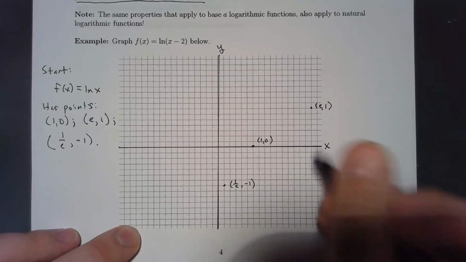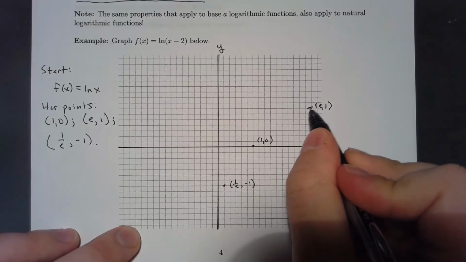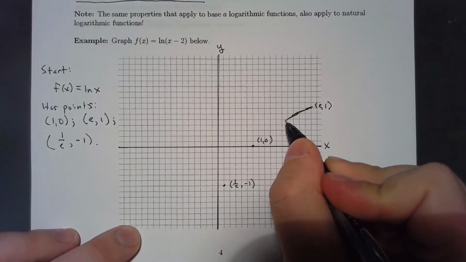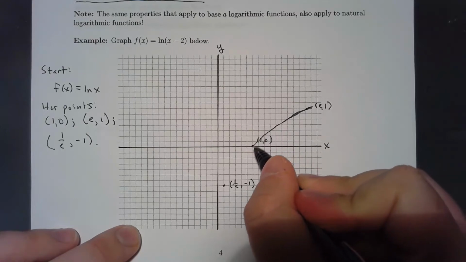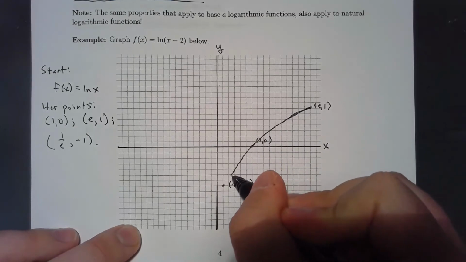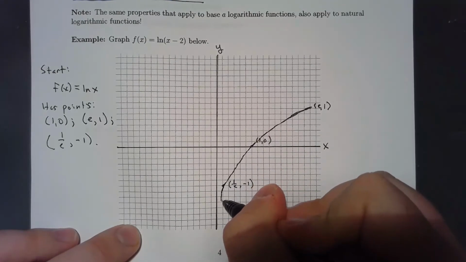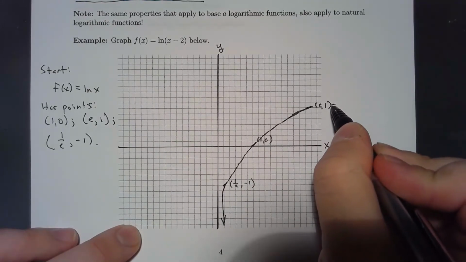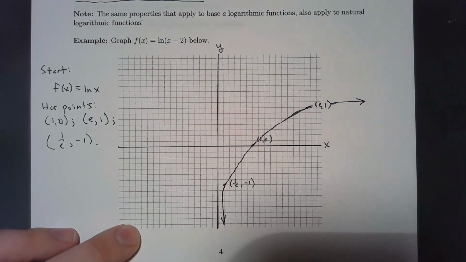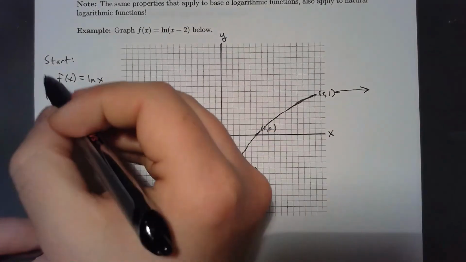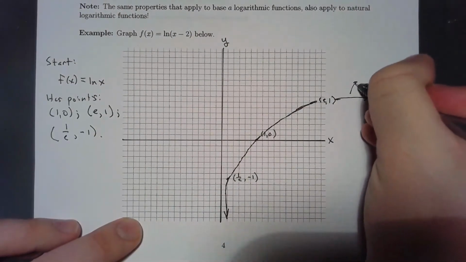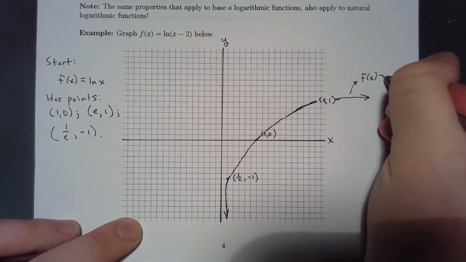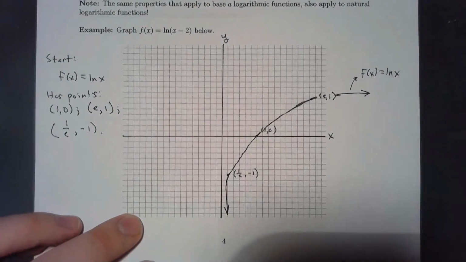So you can see how the structure of this graph kind of looks the same, right? It looks like a logarithm, and then it's going to hover out like this. Now that's the graph of ln of x, roughly.